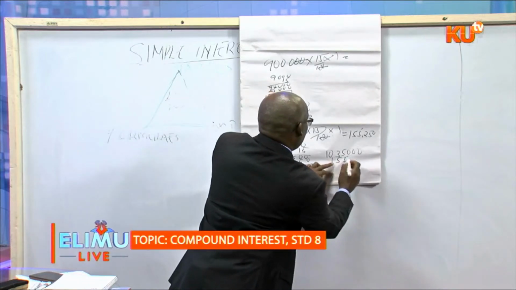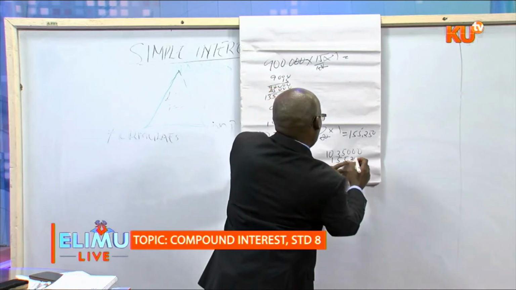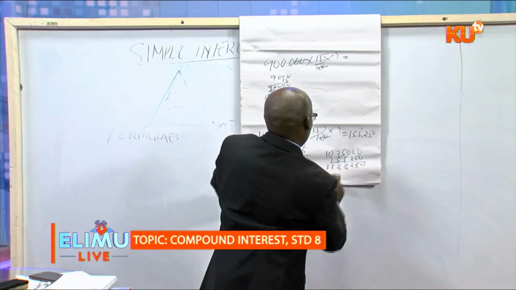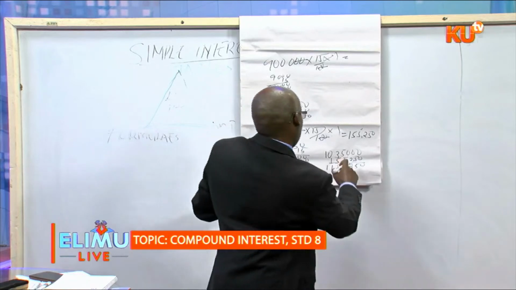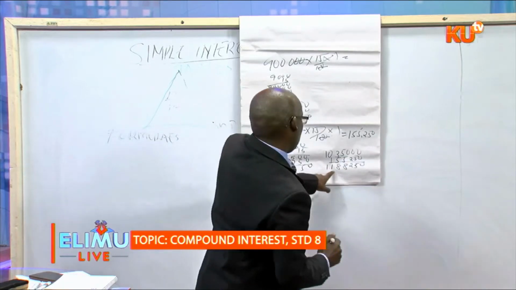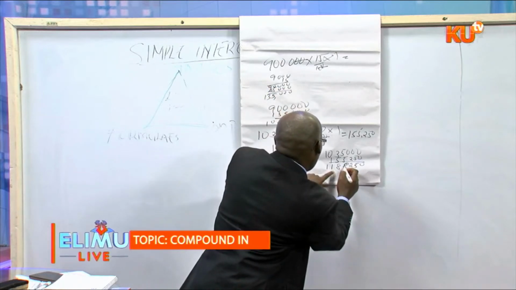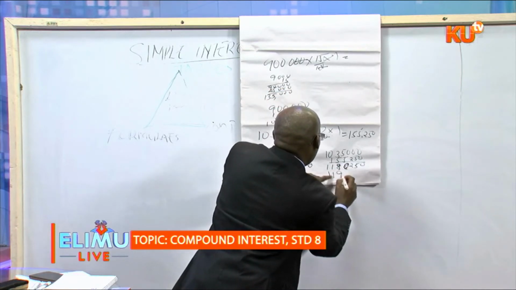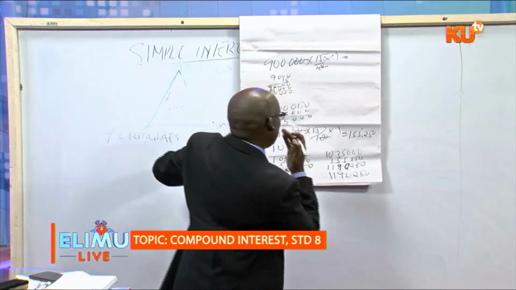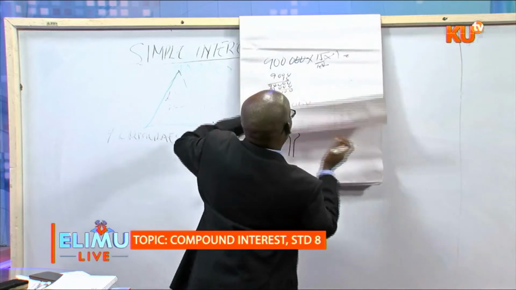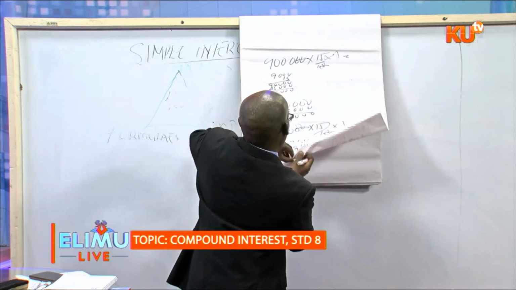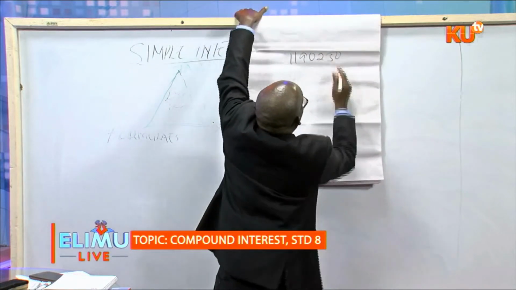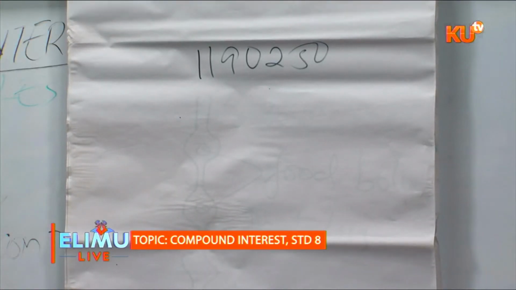So if you add that, we get 1,190,250, which becomes the amount at the end of the 2 years.